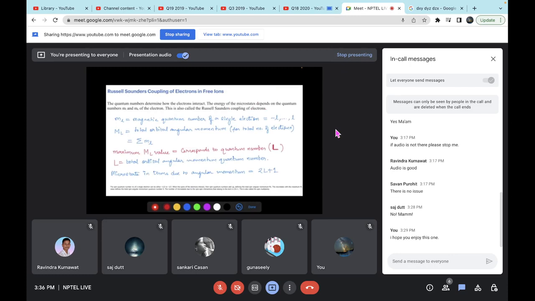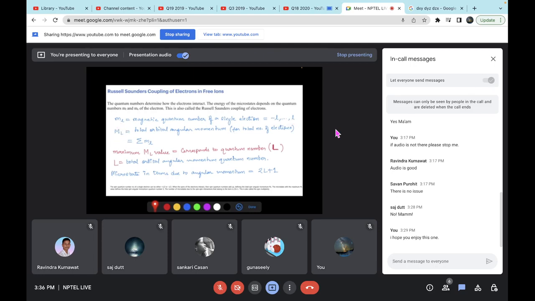Coming to what these electron transitions give us, the quantum numbers determine how the electrons interact. So the energy of the microstate depends on these quantum numbers, which are ml and ms of each electron. This is called Russell-Saunders coupling of electrons. So what are ml and ms? ml is the magnetic quantum number of a single electron, and it goes from minus l to plus l.